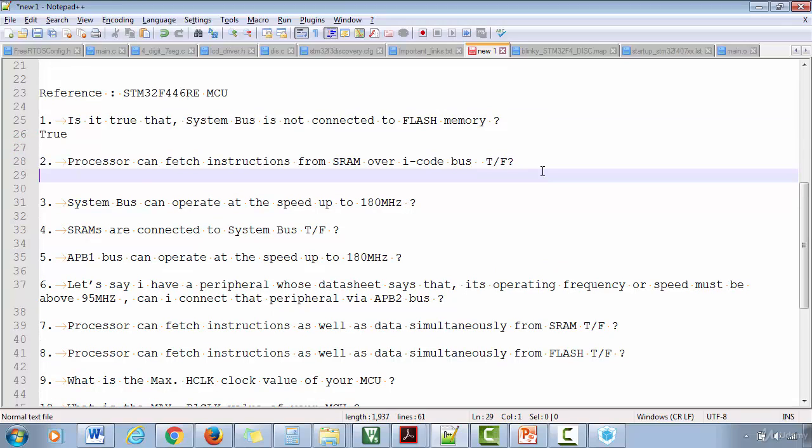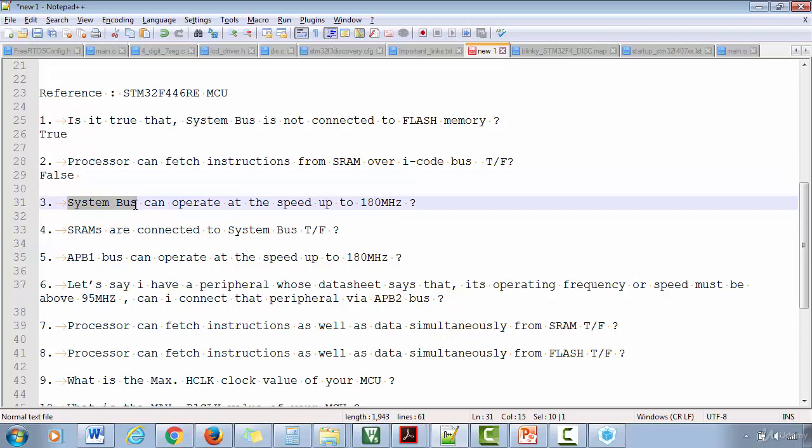For the time being, I will say this answer is false. But that is actually not fully true. There are some advanced techniques by which you can make your processor fetch instructions from SRAM over the I code bus. That's possible, and we'll see it later, so let's not worry about that. But for the time being, I will say false.